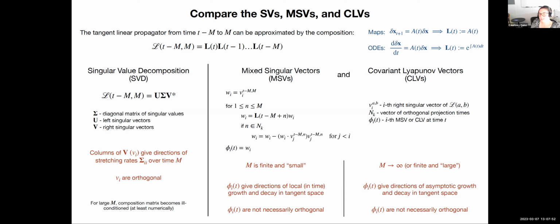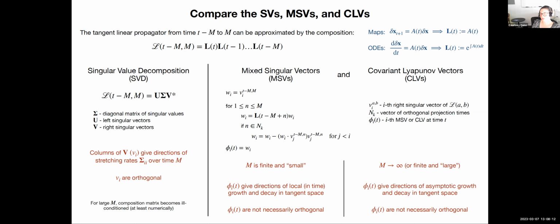Yeah, we have talked about them. I think this particular exploration was because BVs will be slightly different from the mixed singular vectors here, so this was a nicer connection to the empirical methods of ECMWF.